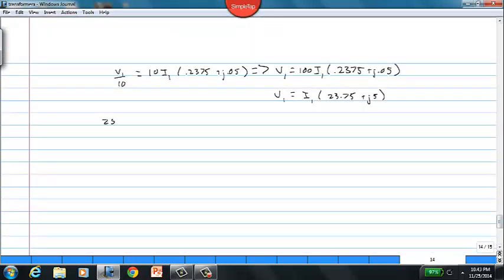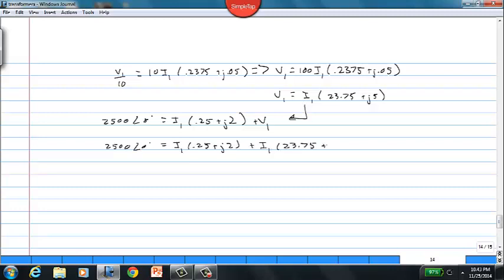So I get 2500 angle 0 degrees is equal to I1 times 0.25 plus j2 plus V1. I substitute V1 into that, and I get 2500 angle 0 degrees is equal to I1 times 0.25 plus j2 plus I1 times 23.75 plus j5.